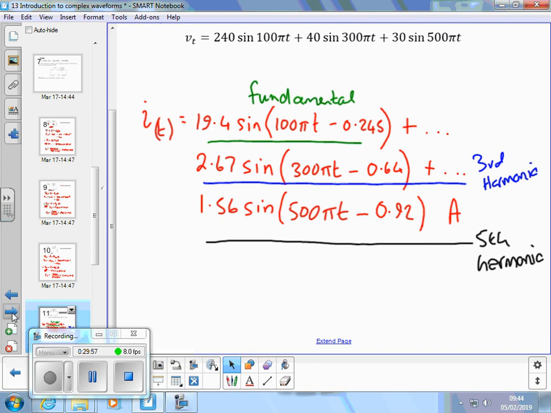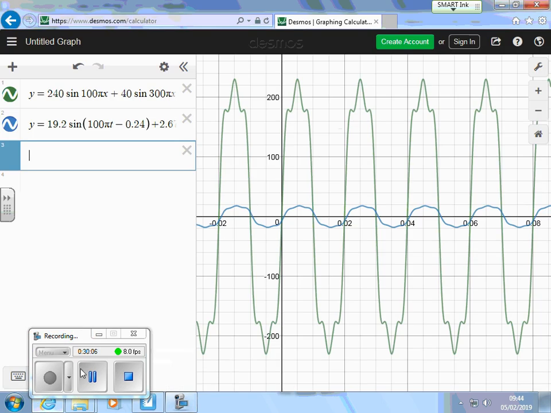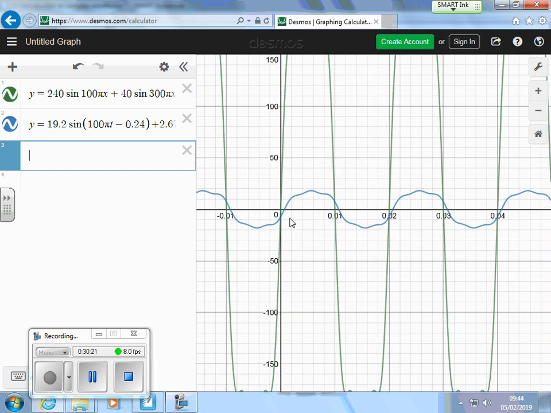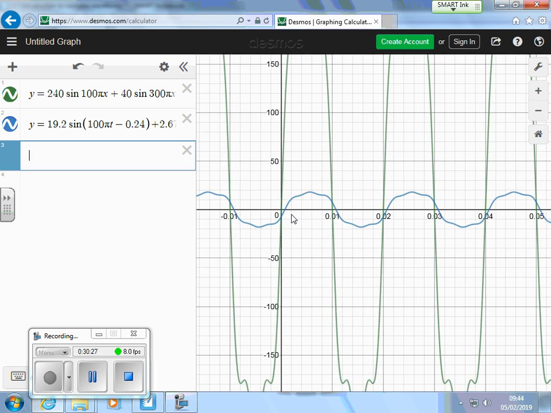What I've done is I've popped onto my old friend Desmos and graphed those two waveforms. The green one is the applied voltage and the blue one is the current. If we zoom in a little bit, you can see that the overall current is slightly out of phase with the applied voltage.